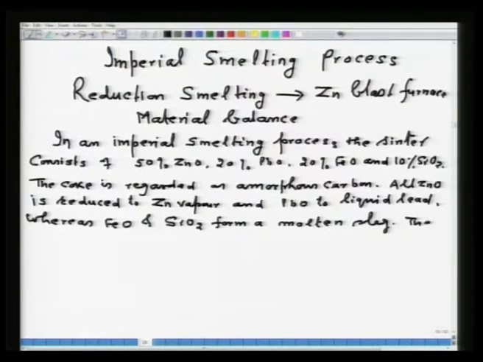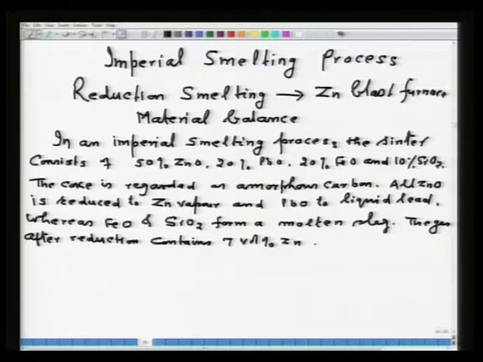The gas after reduction contains 7 volume percent zinc, and CO2 upon CO ratio is equal to 0.5.